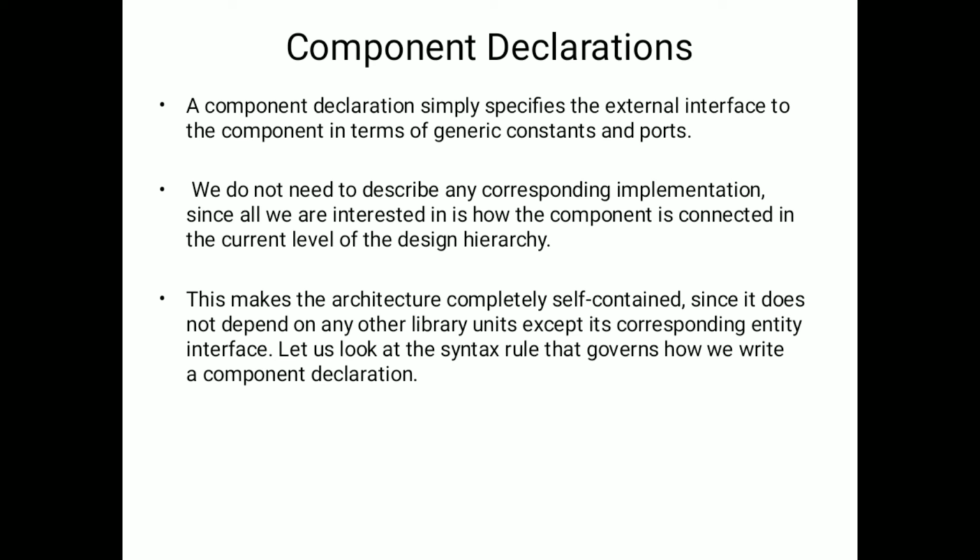An entity, before using the components, is required to declare the components in its architecture declarative section, or alternatively in a package which needs to be included in the top level entity with a use clause. The declaration of a component includes the specification for its input, output ports, similar to an entity declaration, with the type of data accepted as ports and mode of ports.